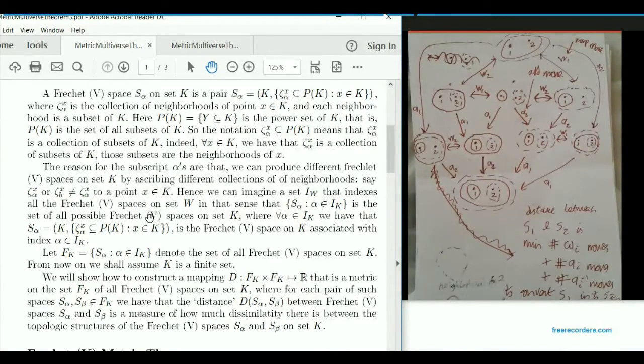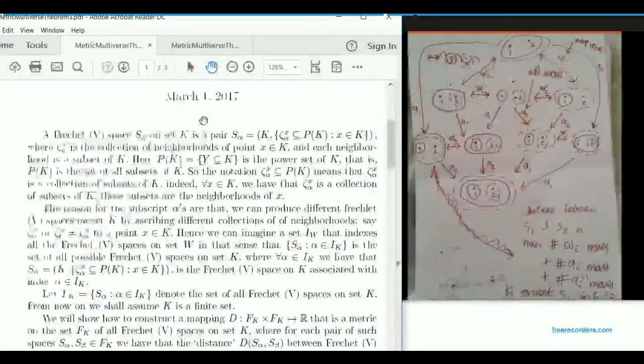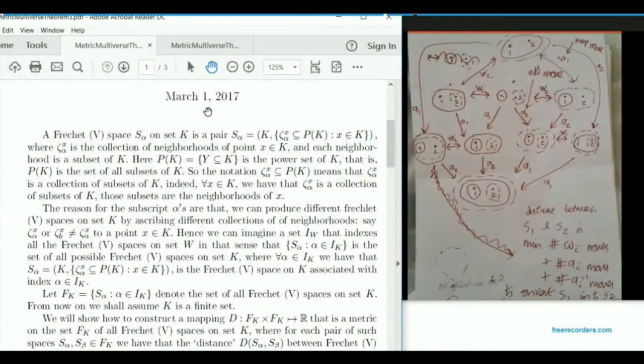And so when I write S alpha, we think of that as a Frechet space, which lives on the set K, but these collections of neighbourhoods associated with the different points, we give those the subscript alpha to denote that they are specific, and that alpha in a sense is a kind of index which defines the type of topology upon this particular Frechet space.